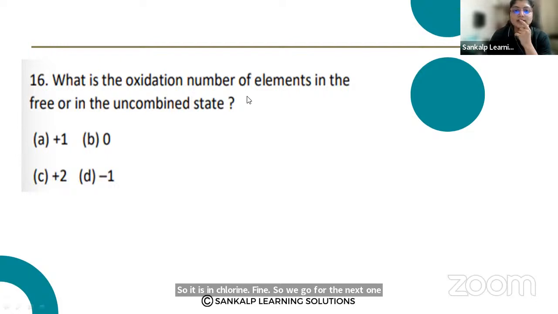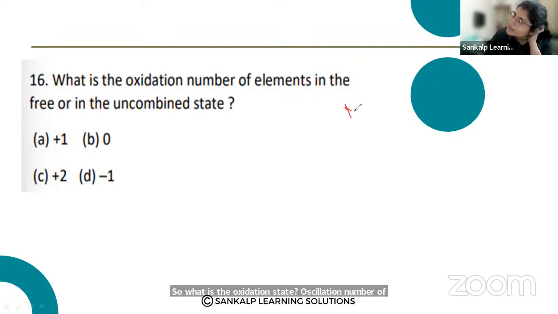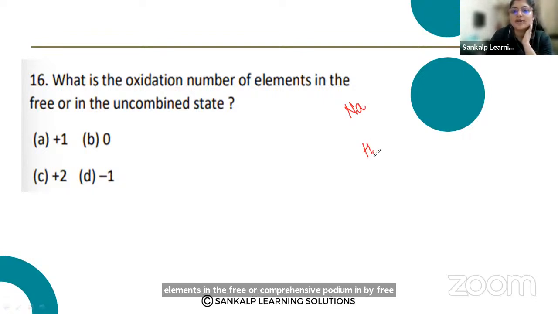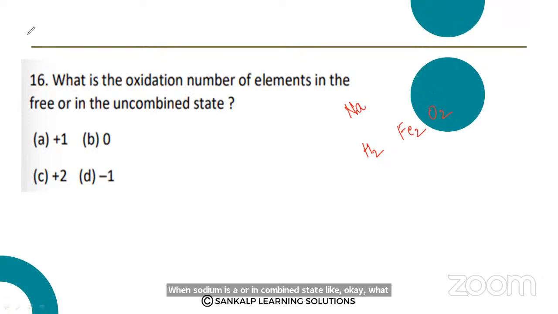What is the oxidation number of elements in the free or in the uncombined state? A +1, B 0, C +2, and D -1. What do you mean by free, when sodium is there, or in uncombined state like Fe, O2? What is the oxidation number in such states?